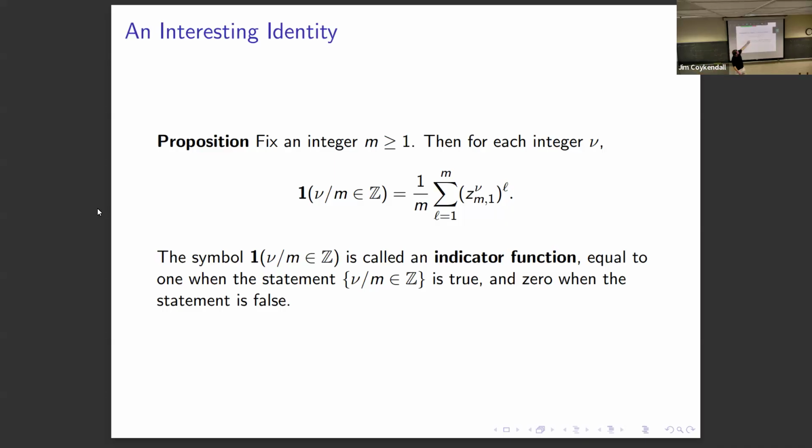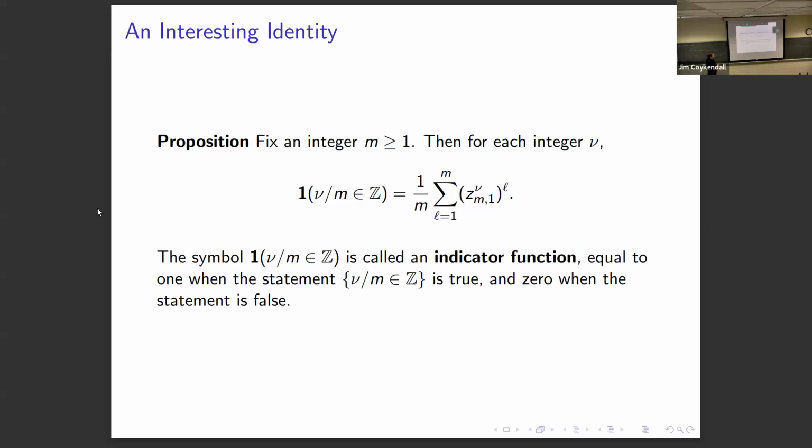Anyway, what is this? It's an indicator function. This is equal to 1 if the statement inside is true. Otherwise, it's equal to 0 if the statement inside is false. So it's essentially a Boolean variable. It's either equal to 0 or 1.